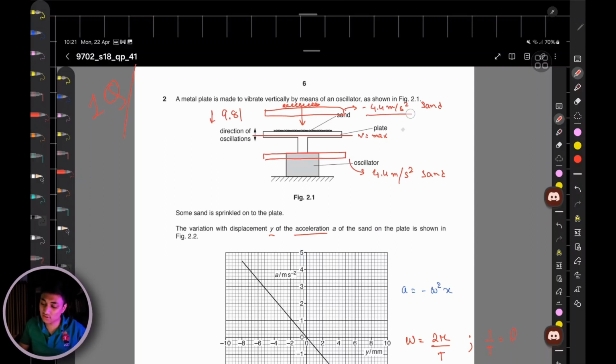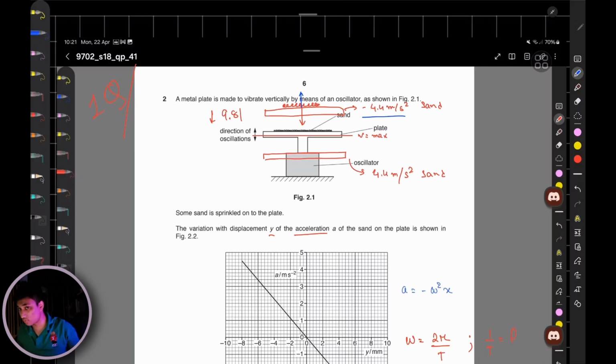However, our acceleration is 4.4 meter per second squared. That means the plate, even at this position, is exerting some amount of force upwards on the sand, such that the net force is downwards but only resulting in 4.4 meter per second squared of acceleration downwards.